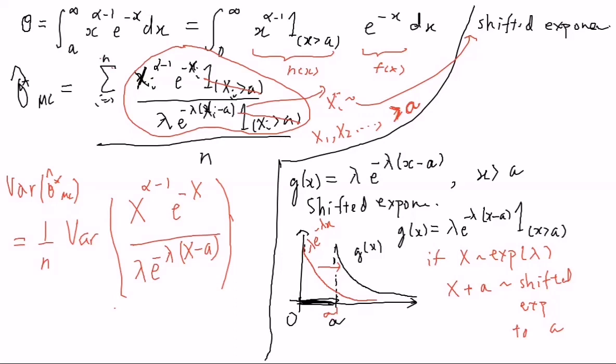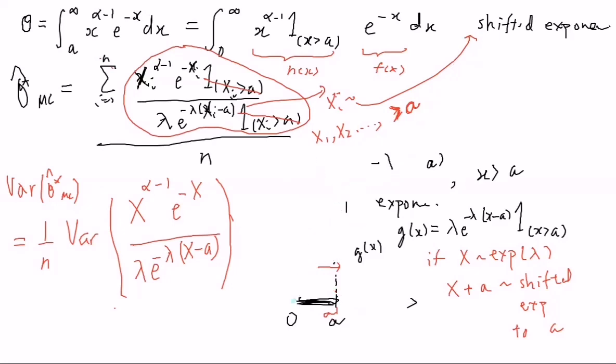I just removed the subscript here for simplicity. So this is your variance.